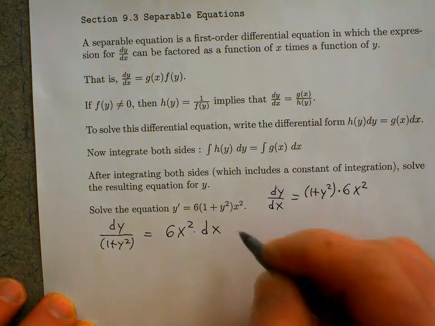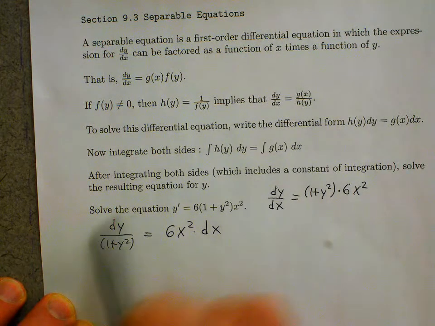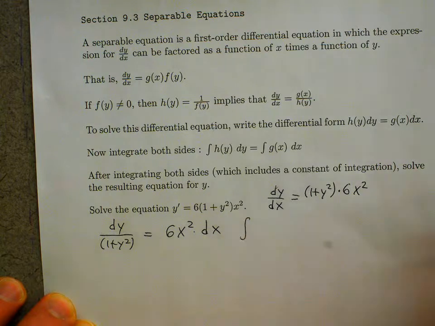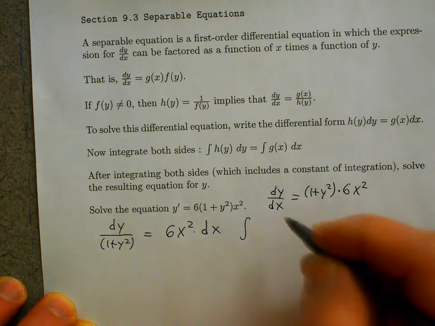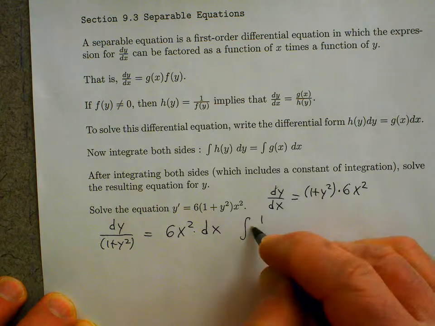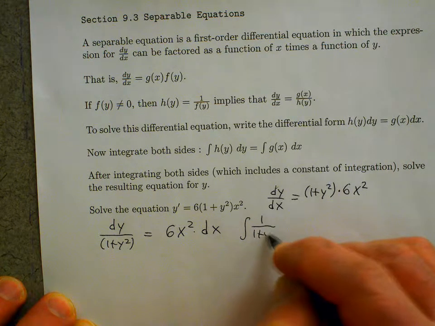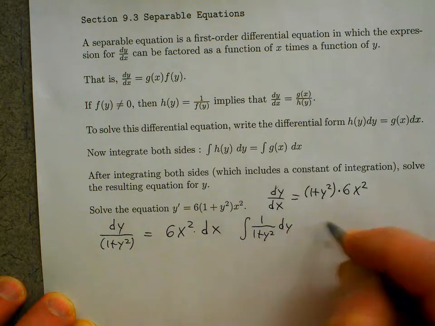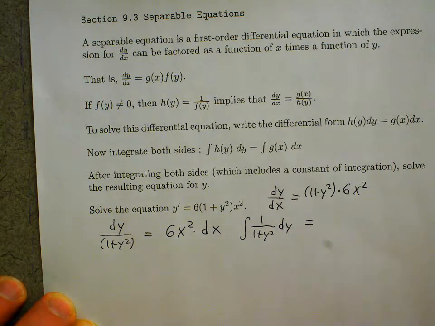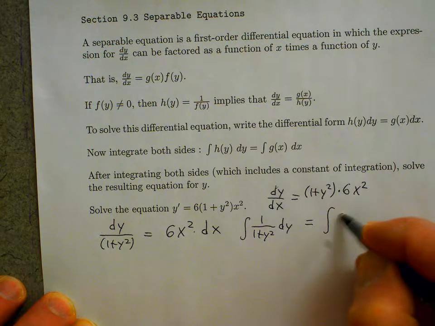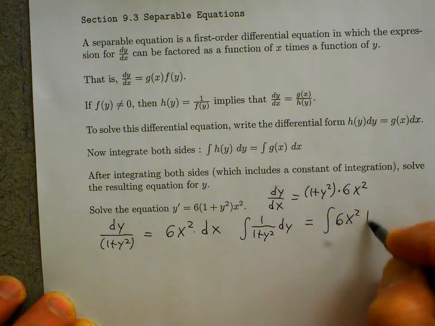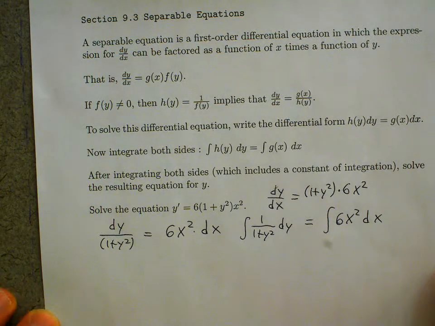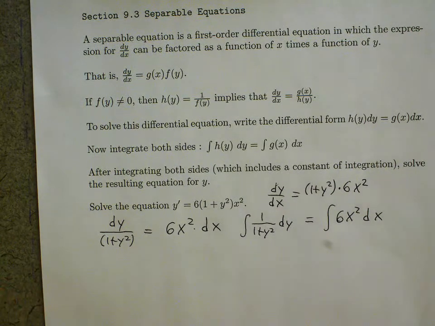Then we're going to put this inside the integral. So the integral of 1 over 1 plus y squared dy, and on the right-hand side, the integral of 6x squared dx. And now we integrate both sides.